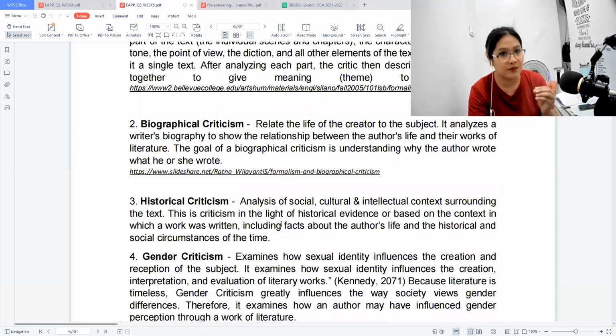Historical naman, from the word itself, you consider the social, cultural, historical, and intellectual context surrounding the text when it was written. So this criticism would consider the historical evidence and the context, kung kailan naisulat ang work, as well as yung facts tungkol sa buhay ni author and other circumstances during that time.